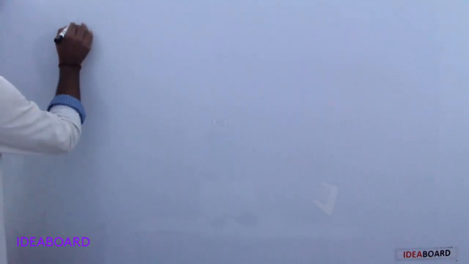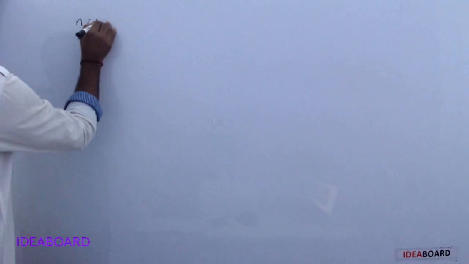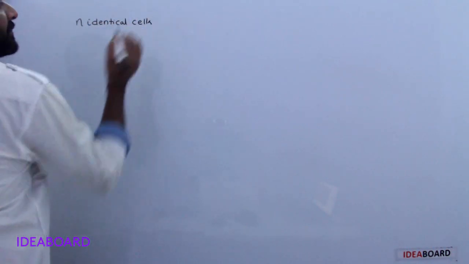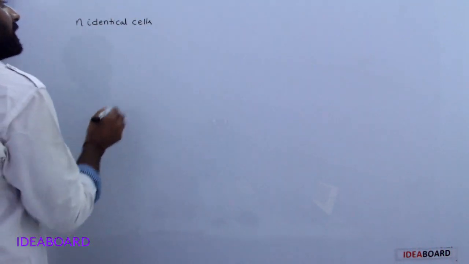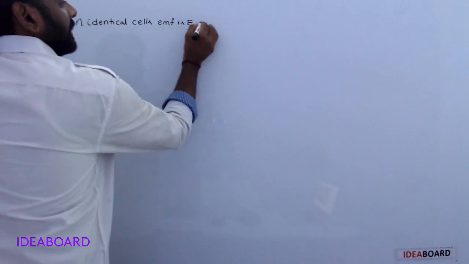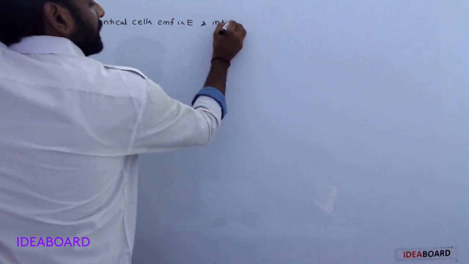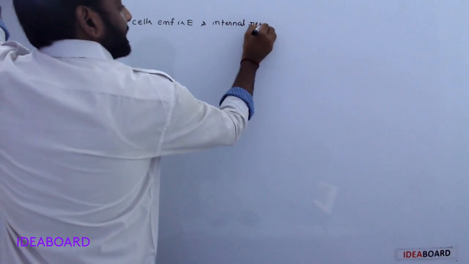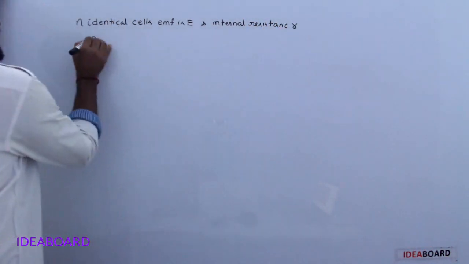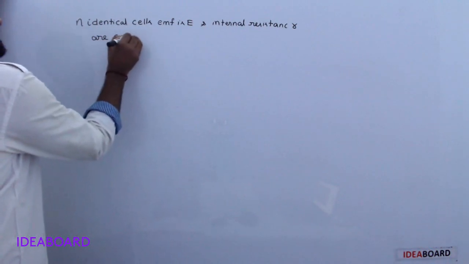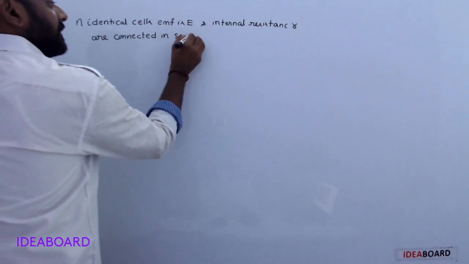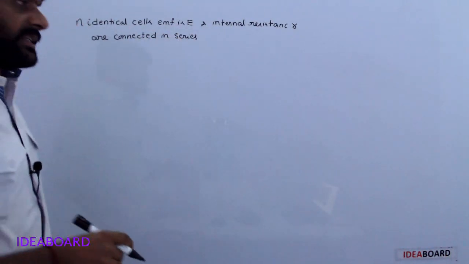Next, N identical cells, each with EMF E and internal resistance R, are connected in series.